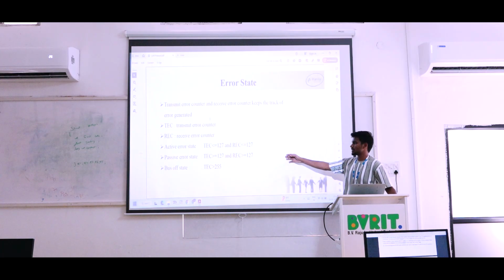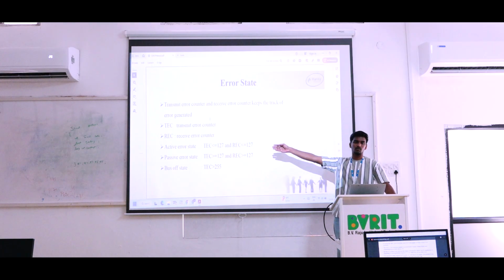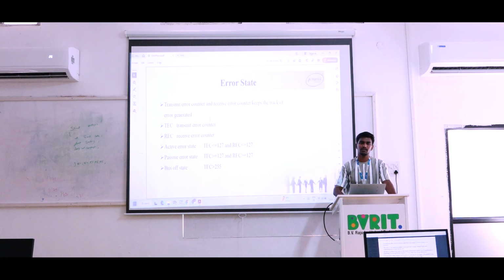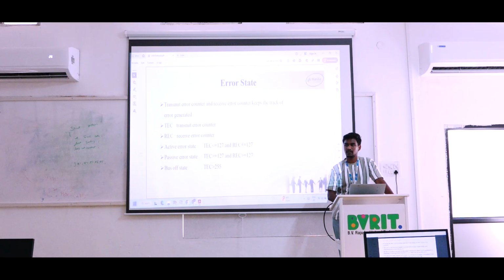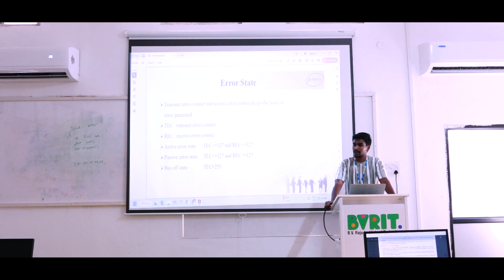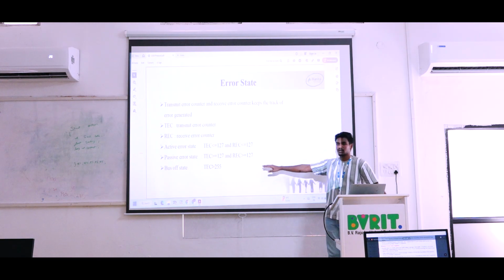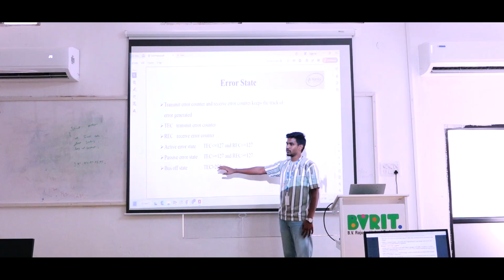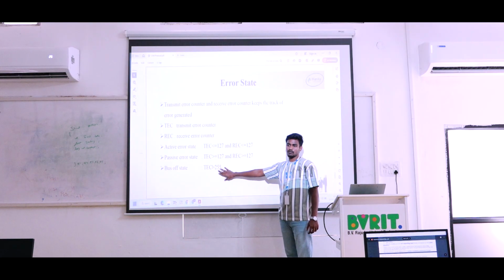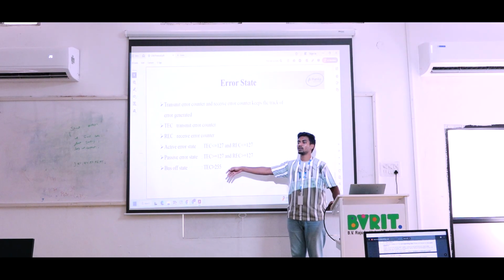If the count on the transmitter side and receiver side is less than 127, it is an active error. If the count is greater than 127, it is a passive error. If the transmit side alone is greater than 255, the ECU automatically turns off. Whichever side gets more errors, for example ABS showing more than 255 errors.